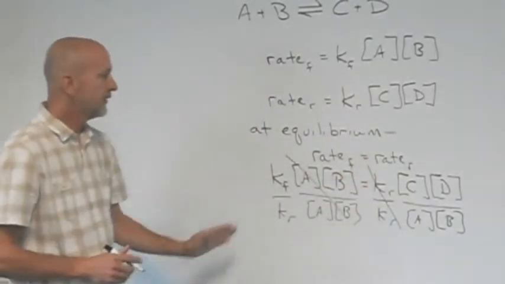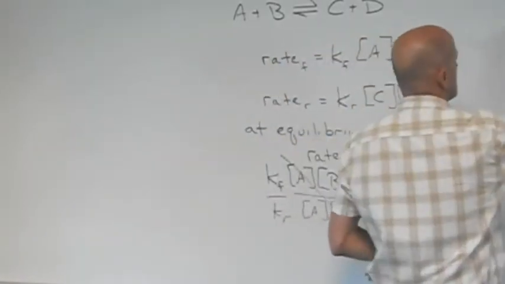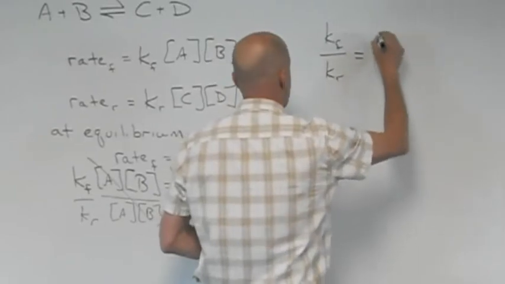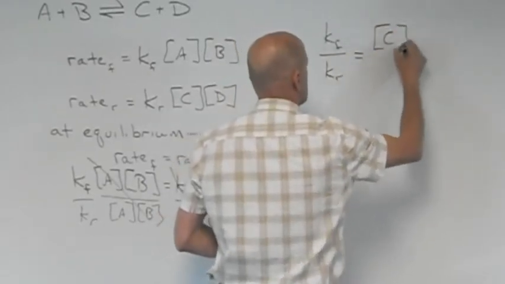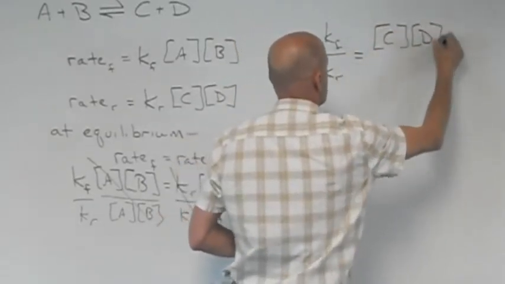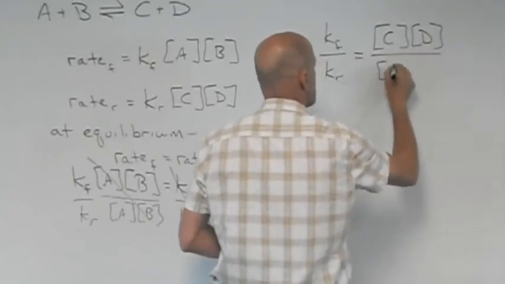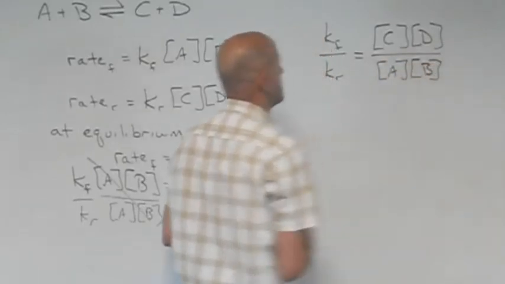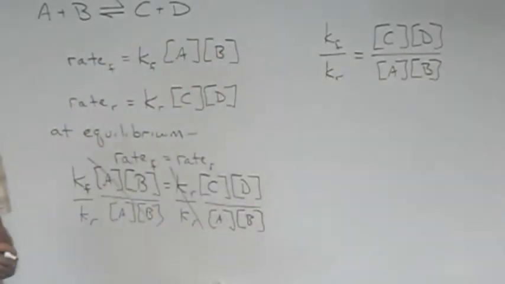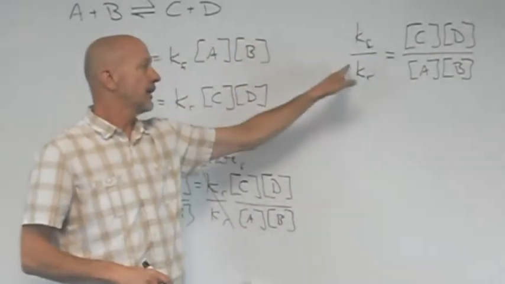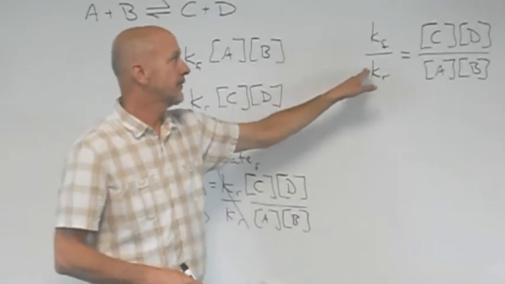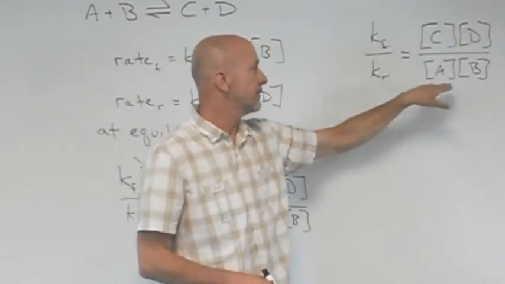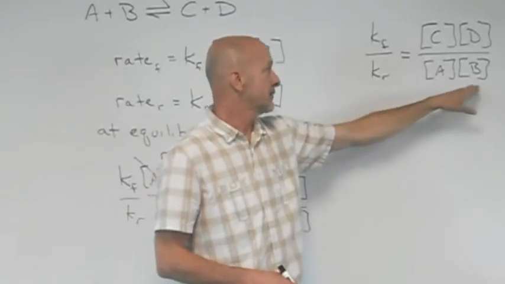And I get that this constant, because here's a constant divided by a constant, which is a constant, is equal to the concentration of each of the products divided by the concentration of each of the reactants.